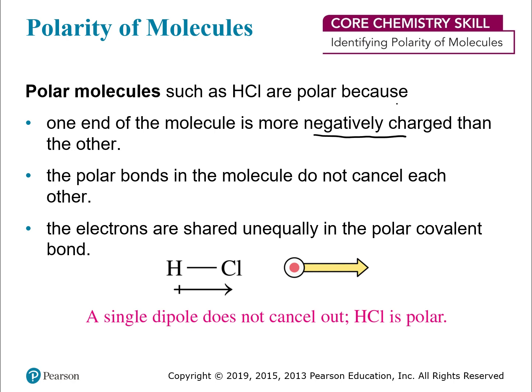The difference in electronegativity between hydrogen and chlorine is a decent amount. So you're going to have far more of your electrons over here than over here. That's unequal sharing. That single dipole is not going to cancel out. So this is a polar molecule.